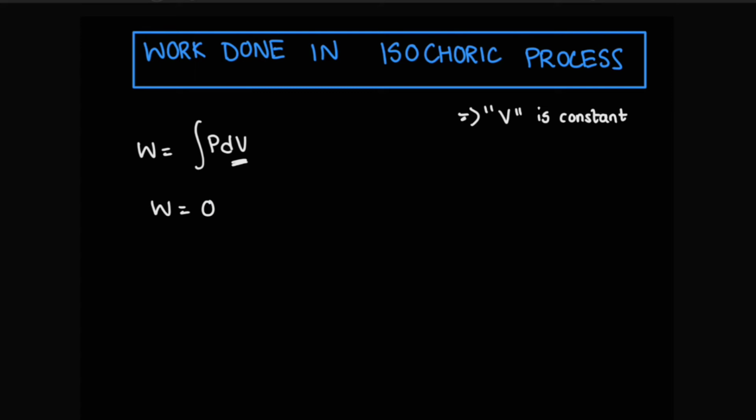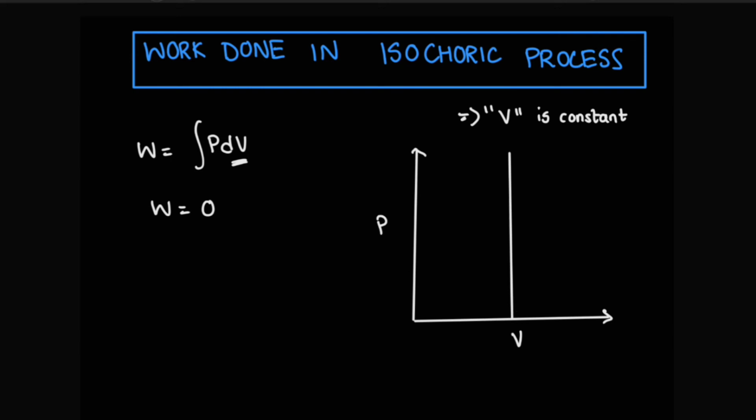So the work done in an isochoric process is zero. If we look at the graph of P versus V, the graph is basically a perpendicular line along the axis that represents volume, and there is no net work done in an isochoric process. Moving on with the isothermal process.